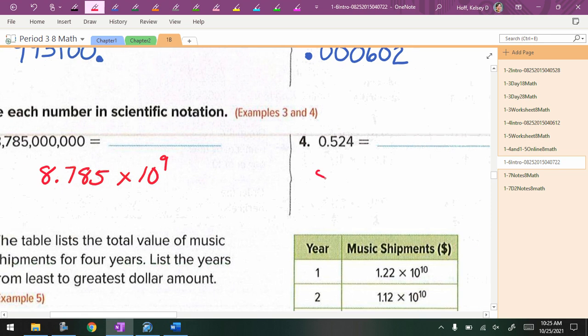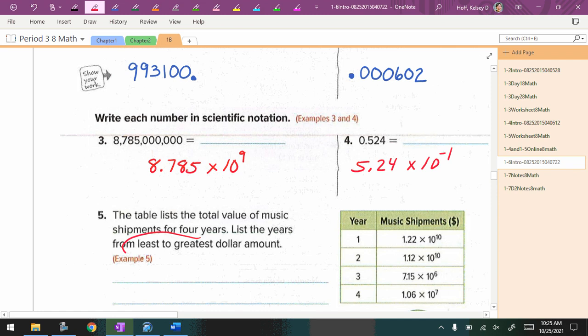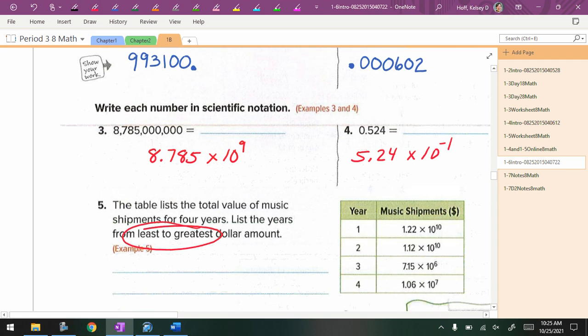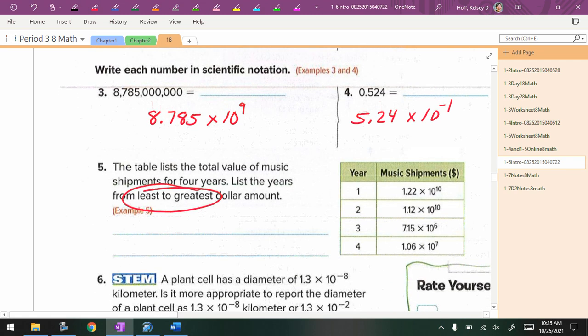Number 4, 5.24 times 10 to the negative what? 1. Very good. Least to greatest dollar amount. What year is the smallest? 3, then 4, then 2, and 1.